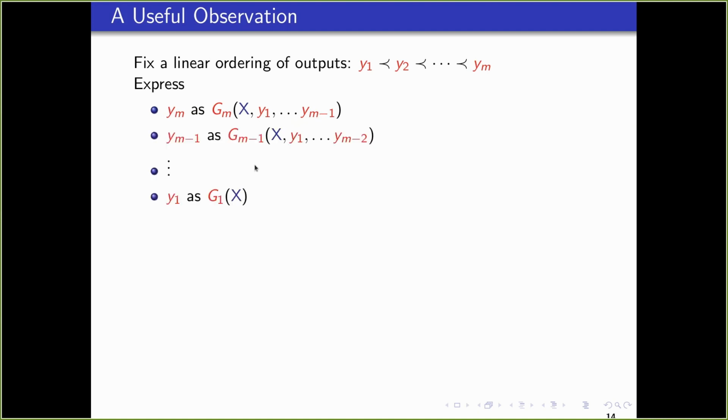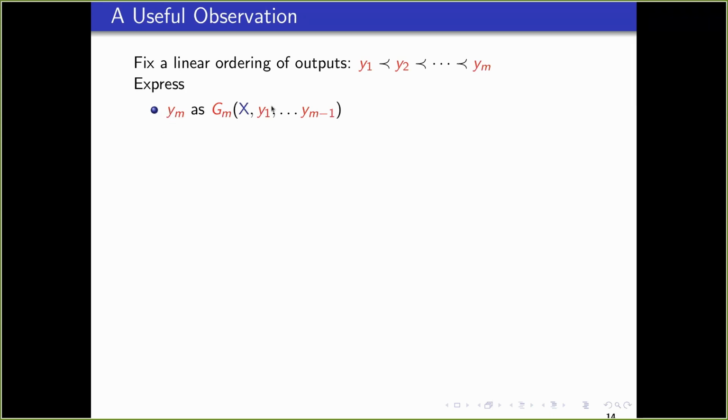So suppose I could do that. Then I could plug whatever Skolem function for ym I get, in terms of all of these, into the specification. And then I would be left with only these variables, x and y1 through ym minus 1, right? Remember that if I express ym as a function of x and y1 through ym minus 1, then when I plug this function into my original specification, I no longer have ym.